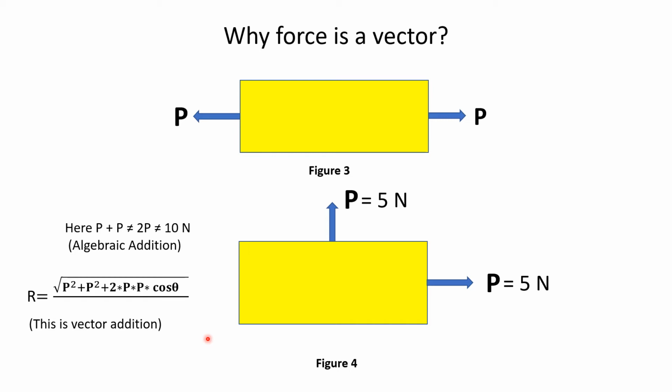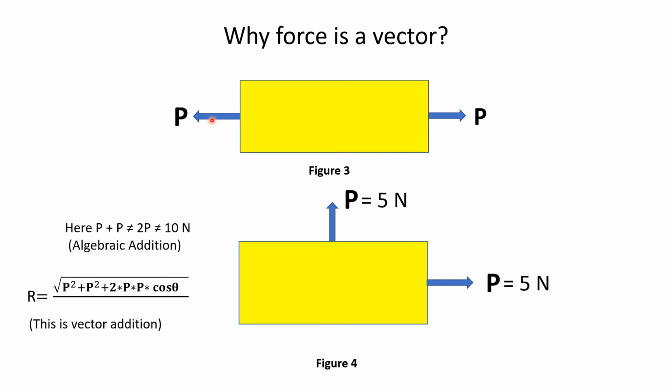We cannot do 5 plus 5 is equal to 10, P plus P is equal to 2P here. The value of the resultant goes on changing. If the forces are applied like this, then it becomes P minus P is equal to 0, the effect is 0. If I apply both the forces here at the same point, then it will become P plus P, 2P.